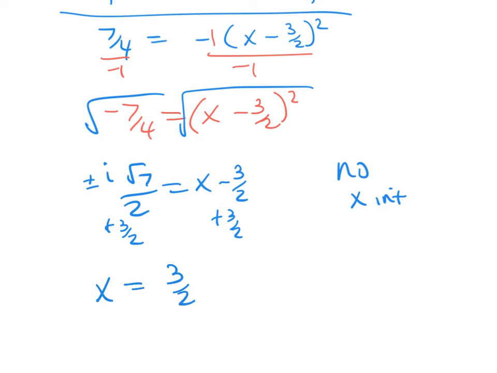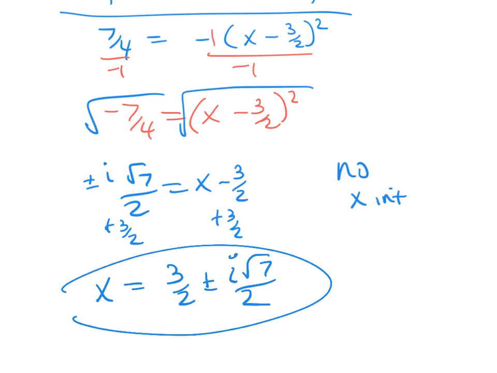So 3/2 plus or minus i radical 7 over 2. This would be your imaginary solutions. So again, when this occurs, when I get an i in my answer, you're going to write that there are no x-intercepts.